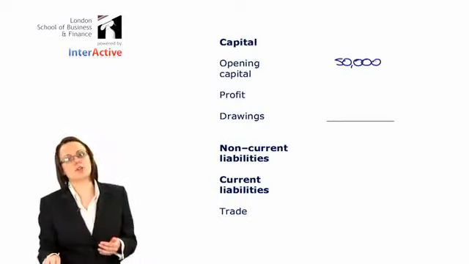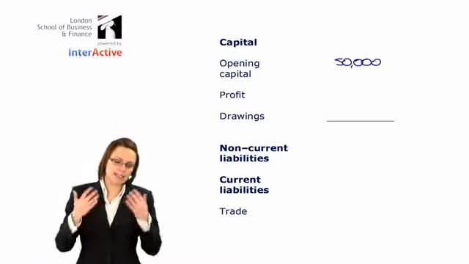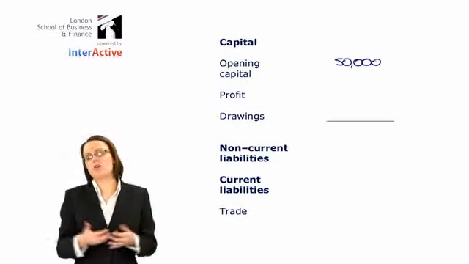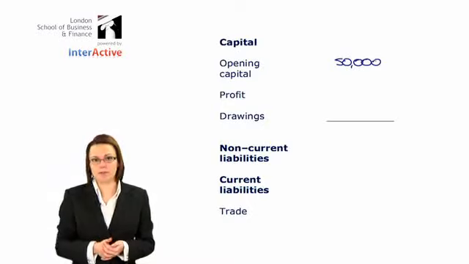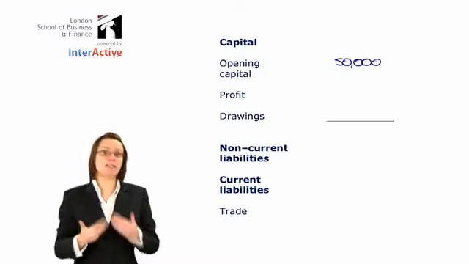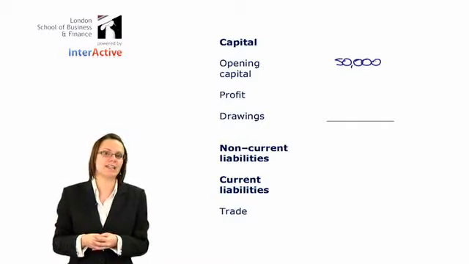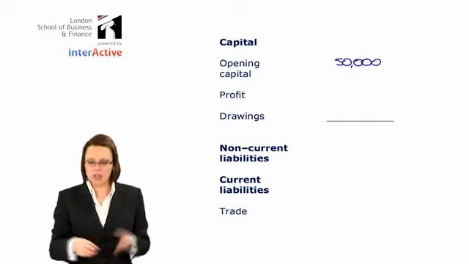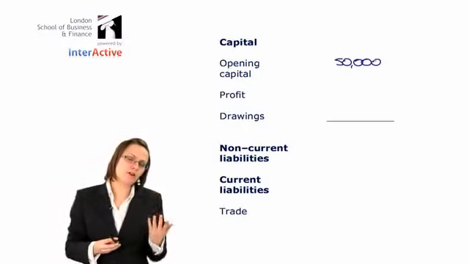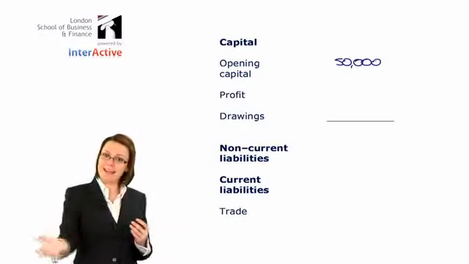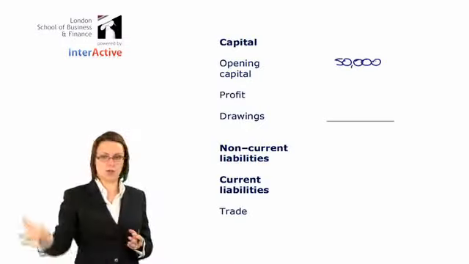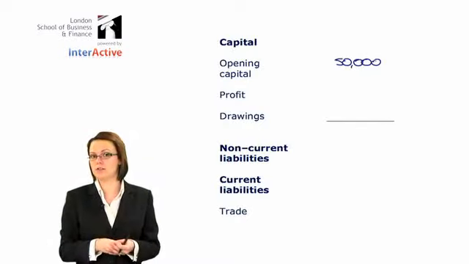Now what we've also got to do at this point is give the owners the profits attributable to them. Essentially the business owes that profit back to George. It's his money at the end of the day. It's his profits. So the profit is what we're going to use to increase George's capital or the proprietor's funds.